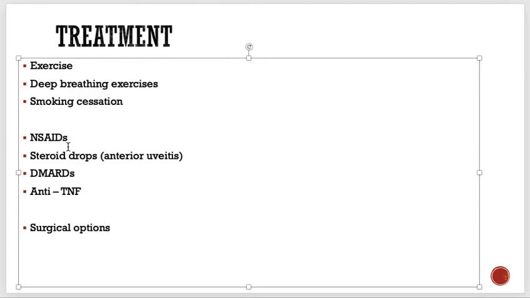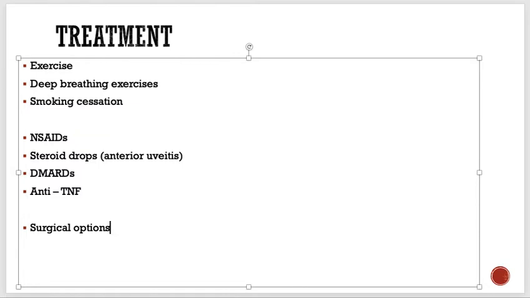So surgical options like, if there is too much deformity, you can do vertebral osteotomy to make it better. So this is the condition, and this is a relapsing remitting type of condition. There are relapses, there are remissions, and the prognosis is good if it's a female and if the age of onset is more than 40.